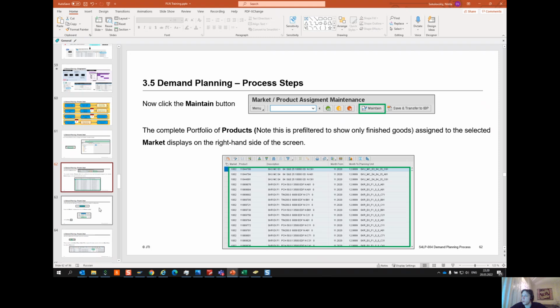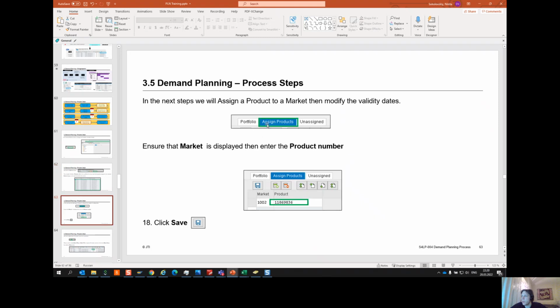Once they check the whole portfolio, they click assign products, and assigning the products means enabling them. So for example, you have a big variety of products, but some of them are already outdated, or they're just not produced this year.